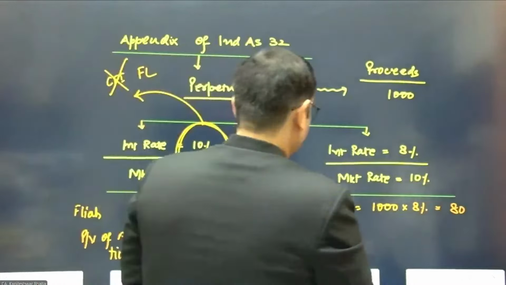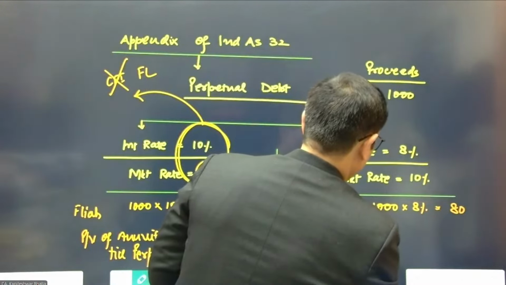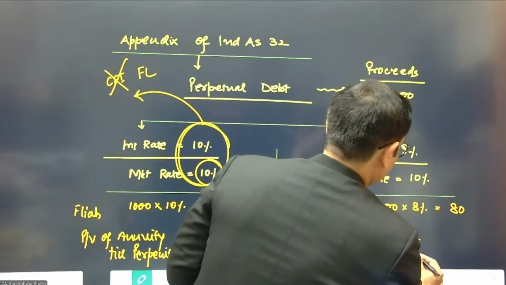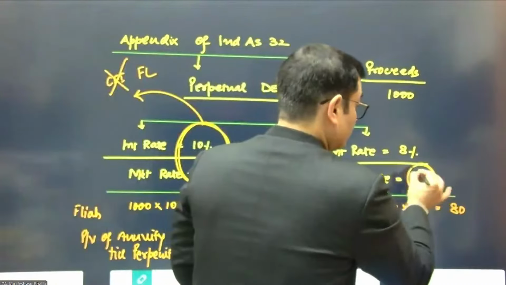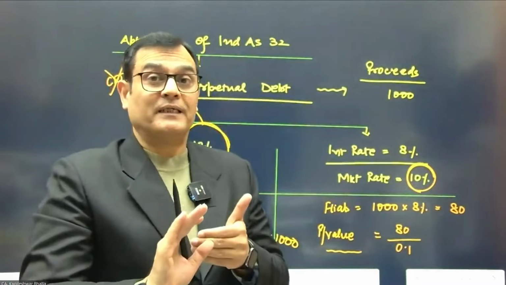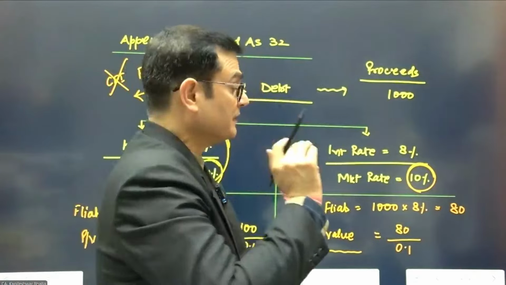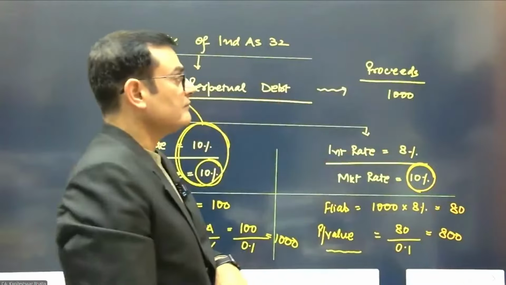Now when you calculate the present value of this perpetuity, you take 80 divided by the rate of interest, and we're taking the market rate of interest, which is 10%. So you are paying interest at 8%, but discounting it at 10%. In this case, it becomes 800.